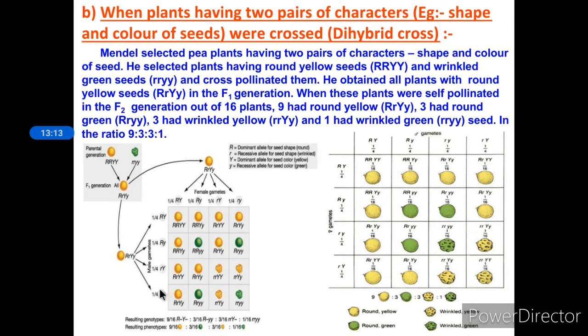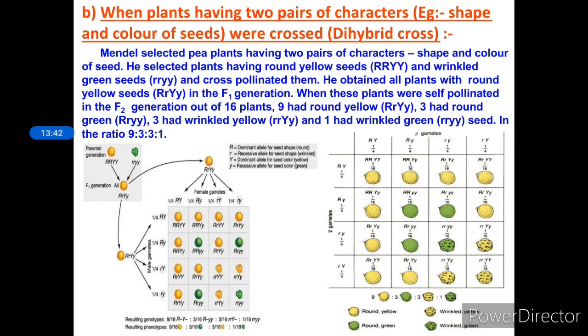I hope it is clear how it has come. 9:3:3:1. So in a dihybrid, an F1 individual is produced from a cross involving two characters. For example, here it is seed color and seed shape. So it is heterozygous, that is capital R, small r, capital Y, small y. For two characters, it is a double heterozygote.